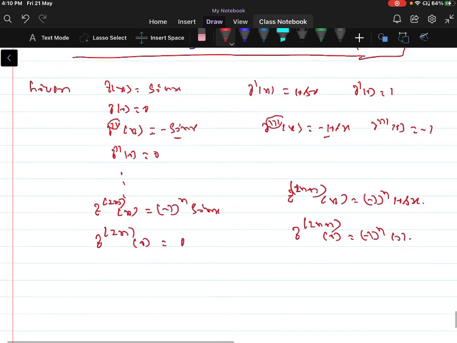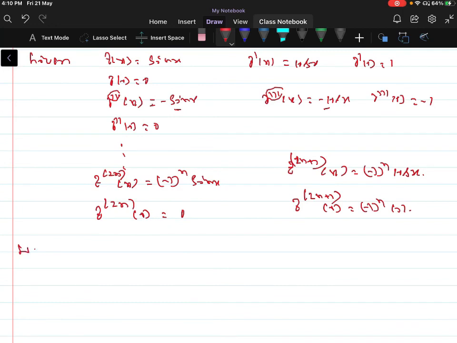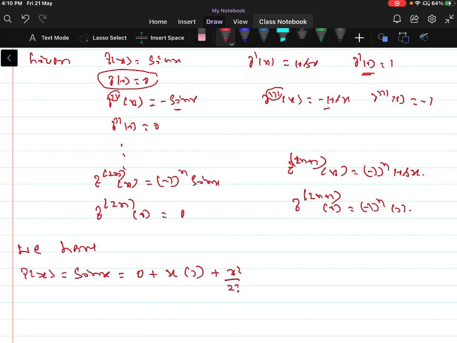So let us substitute in the Maclaurin series. We have f of x is equal to sin x, plus f of 0 which is 0, plus x into f dash of 0 which is 1, plus x square by 2 factorial into f double dash of 0 which is 0, plus x cube by 3 factorial into f triple dash of 0 which is minus 1, and so on.